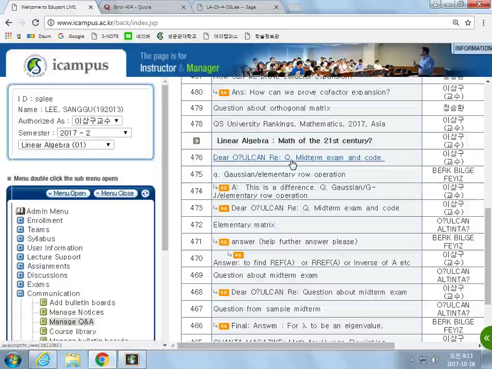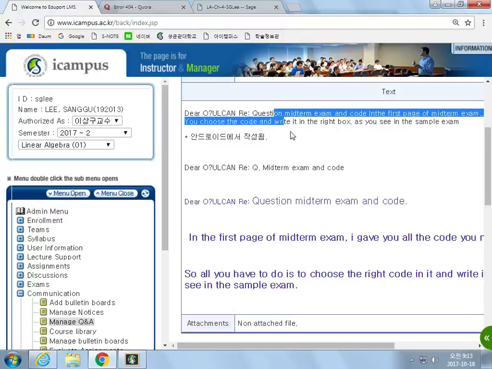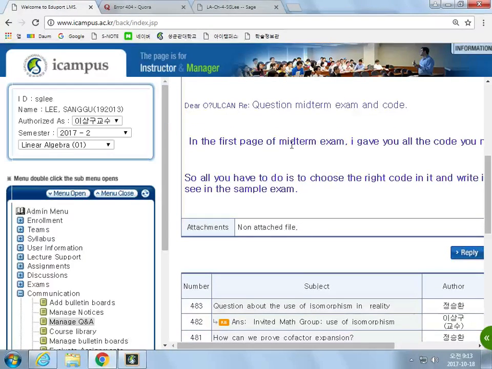And Orkan, you asked me about the code and the midterm examination. And here, my answer was this. In the first page of the midterm exam that I gave you, and you saw, I gave the list of the code that we can use to cover the whole content in this course.